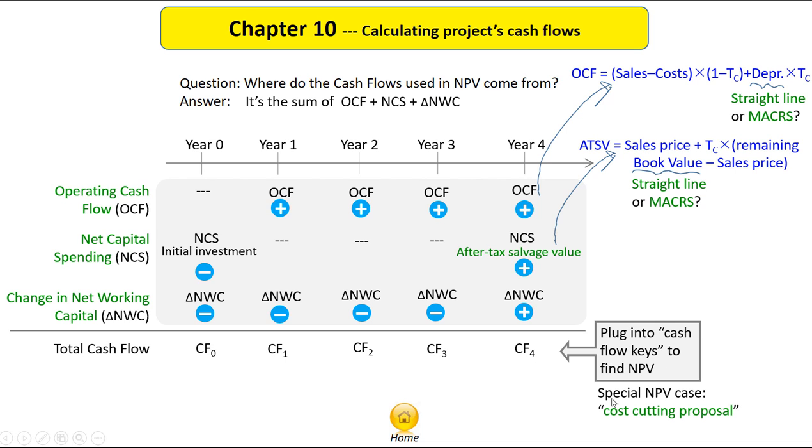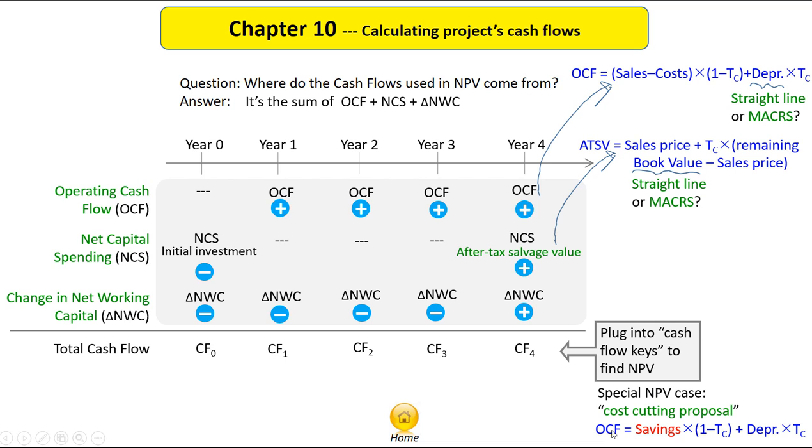We also looked at a special case of net present value calculations, a so-called cost-cutting proposal, which is where you're not given the sales revenue for each year nor the production costs for each year, but instead you're essentially given the difference between the two, which is called savings every year.